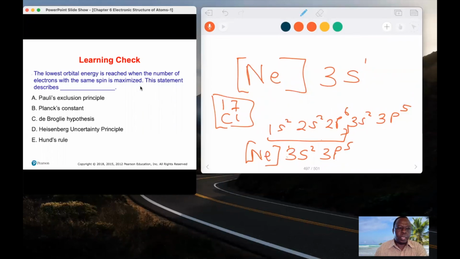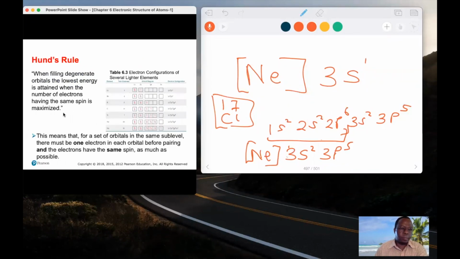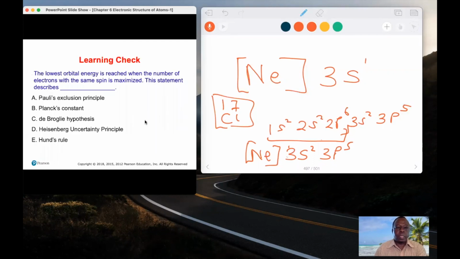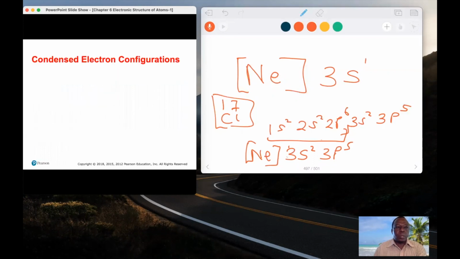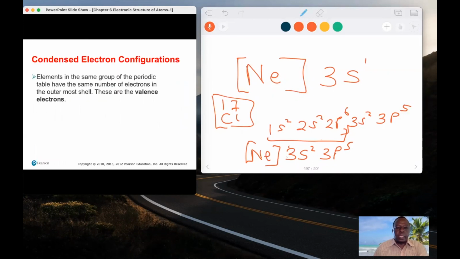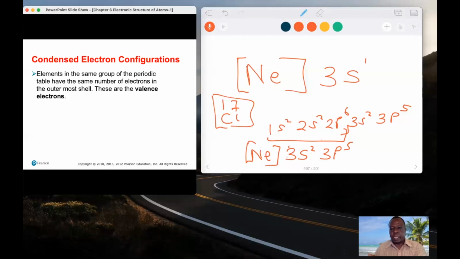This is a statement of Hund's rule. You don't pair them up until they are singly occupied. So the condensed, this is just the group 8. Condensed is the same as the shorthand, the one I was telling you that we use group 8.